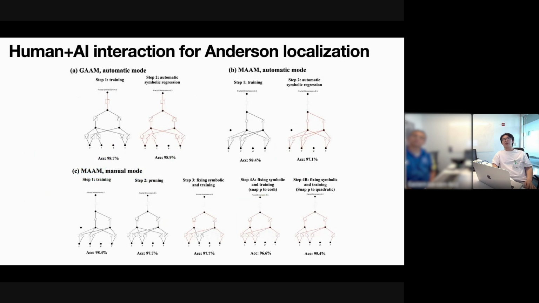I won't go into the details of it, but one thing I do want to highlight is that KANs can have both automatic mode and manual mode. If you feel lazy, you can just click the button to do the fully automation to reveal the symbolic formulas. Yes, KAN can do that for you. But if you want to have more fun and communicate with your KAN model, you can use the manual mode by manually setting some activation functions to be something that you would guess.